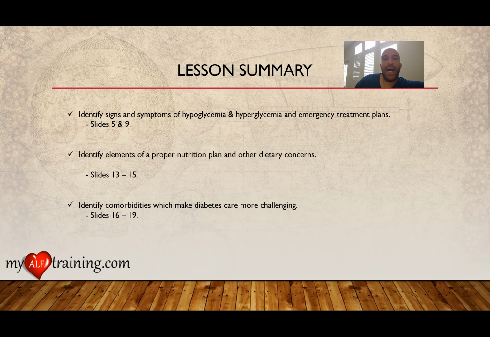We also talked about hyperglycemia a little bit less, because the plan for insulin administration is very individualized for each patient. But we did talk about signs and symptoms of what to expect if you suspect a patient may be in DKA.